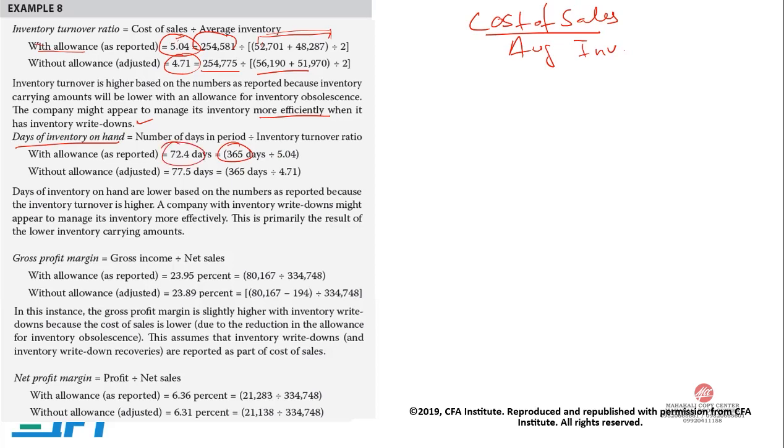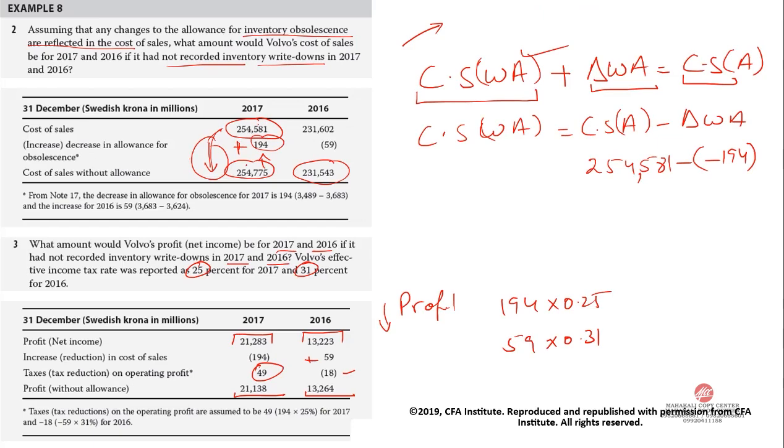Our gross profit margin is gross income divided by net sales. In our previous example, our gross profit was 80167 and this was our sales 334748. Now without allowance, we showed that cost of sales without allowance went up because the valuation allowance actually went down by 194.